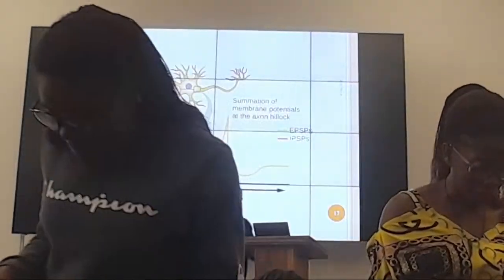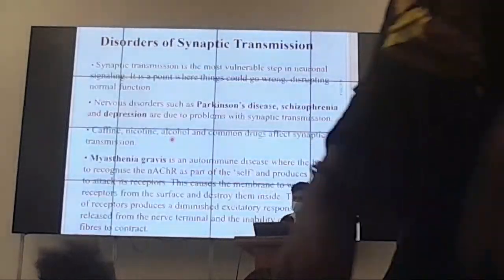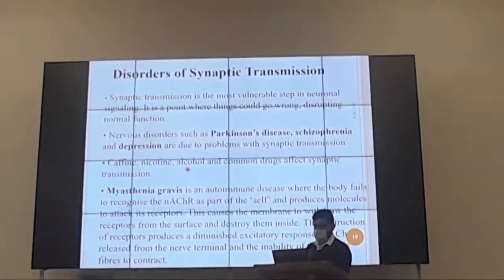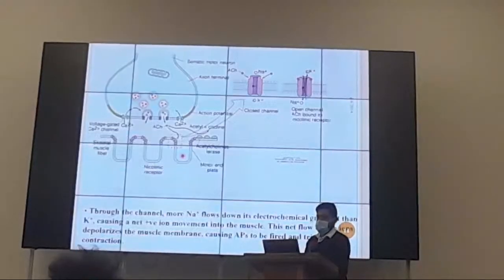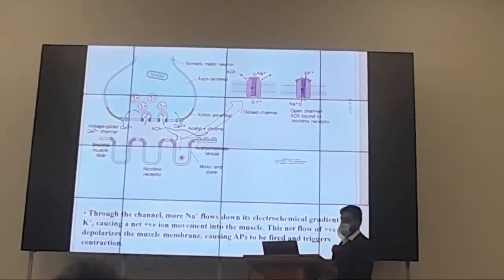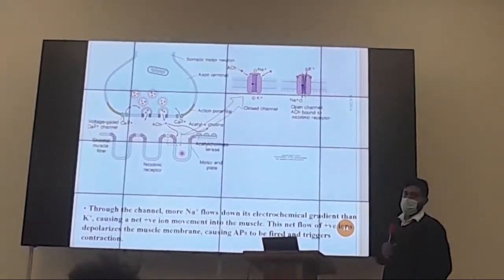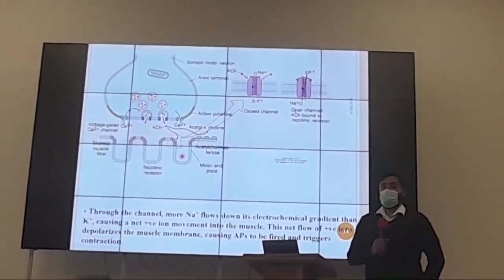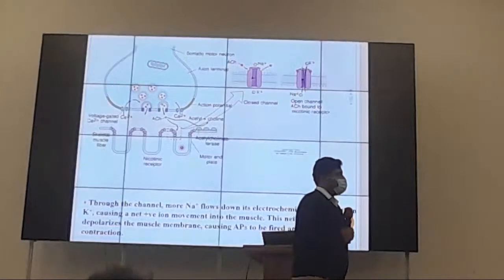Okay, so let's look at some disorders, but the only thing I want to talk about here is myasthenia gravis. It's a disorder of your neuromuscular junction where you have your nicotinic M type of receptors, and that's where acetylcholine is supposed to bind. We said they are ligand-gated sodium channels. Now, what happens in myasthenia gravis?